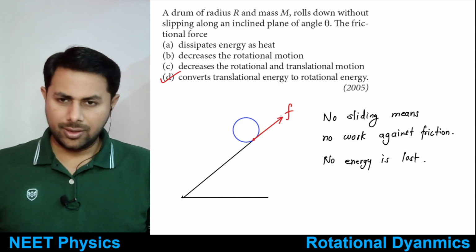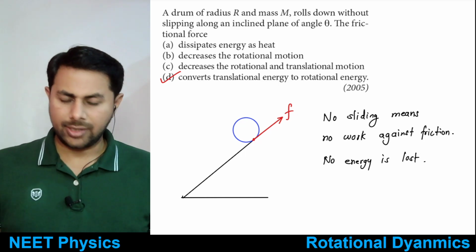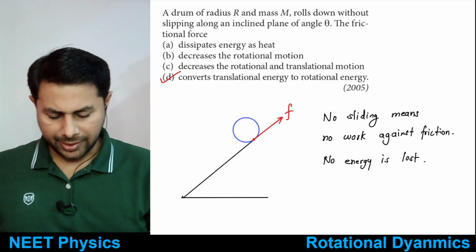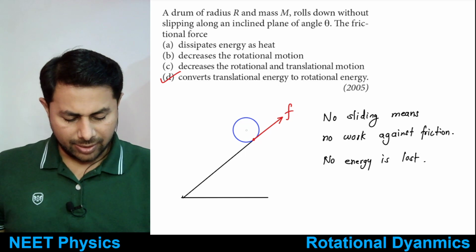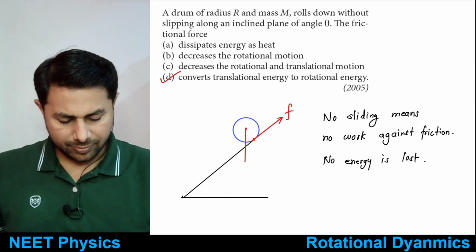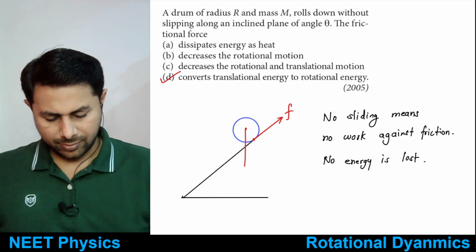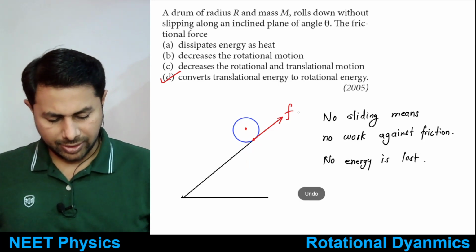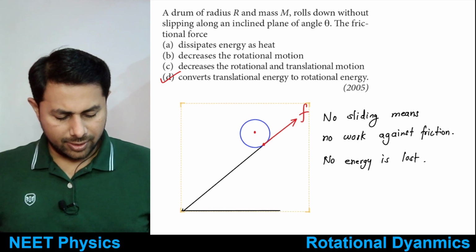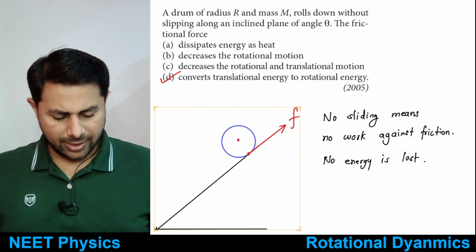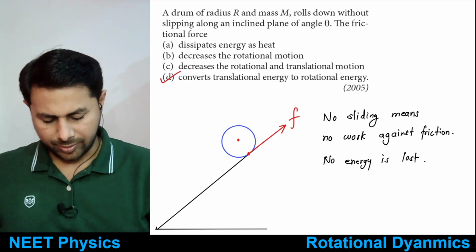So then now what happens is, there is gravitational force, and you can think of it acting down from the center of mass, right? There is gravitational force and you can say that it acts downwards from the center of mass.